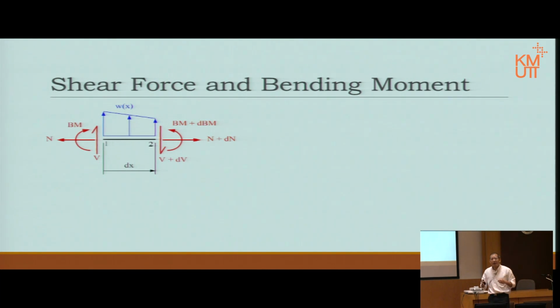Meaning we don't actually know where the centroid is, but we can say from our experience that the centroid position should be some ratio of the base. For example, the rectangle, the centroid is half the base, right?